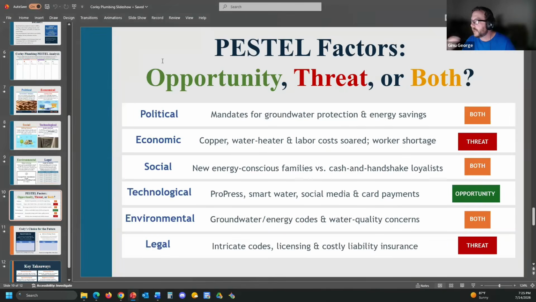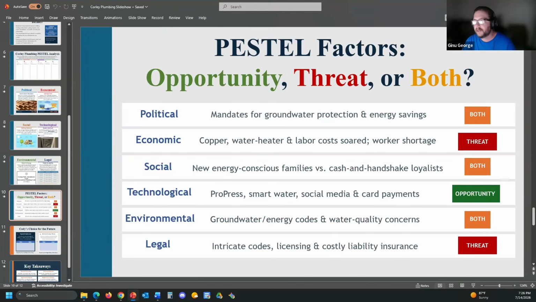So if we're looking at how these PESTEL factors are opportunities, threats, or both to your company, in this case for Corley Plumbing, political factors, those mandates for groundwater protection and energy savings, that's an opportunity because young people are interested in these more efficient, energy saving homes, but that also costs a lot more money to the company.